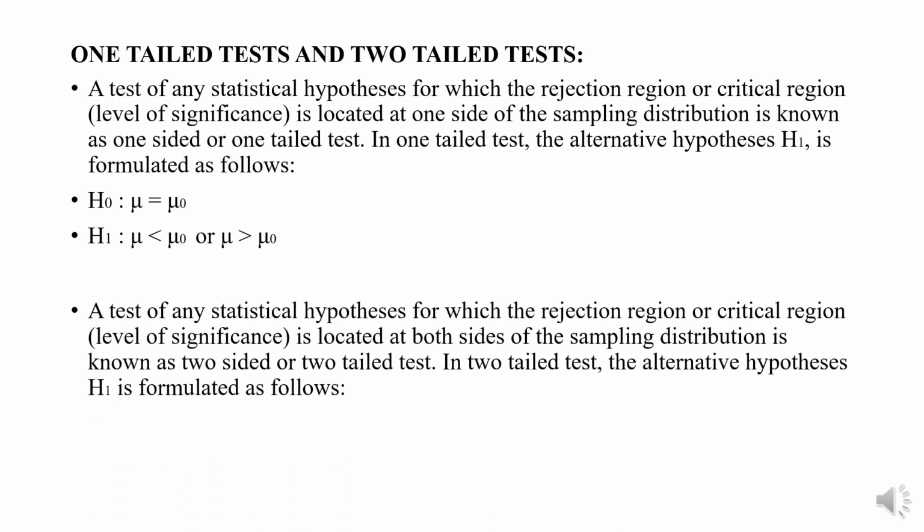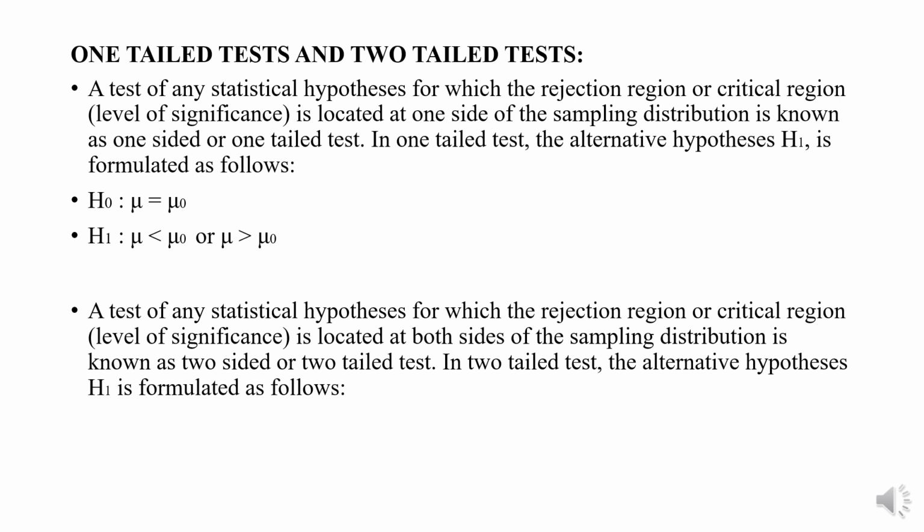A test of any statistical hypothesis for which the rejection region or critical region or level of significance is located at both sides of the sampling distribution is known as a two-sided or two-tailed test. In a two-tailed test, the alternative hypothesis H1 is formulated as follows.